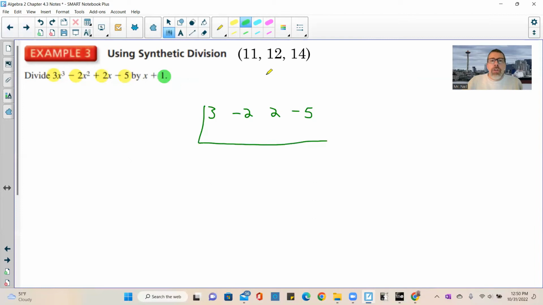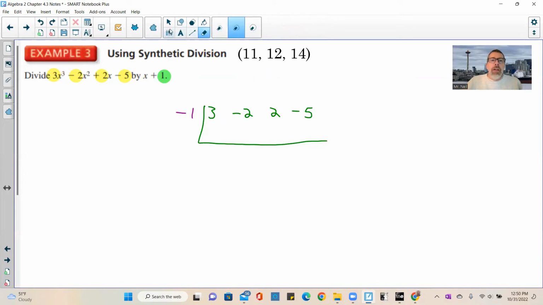So if I wrote x minus k, and that is equal to x plus 1, then k is -1, because x minus a -1 is x plus 1. So I want a -1 out here. Okay, it's always the opposite of the sign of the x plus 1 binomial we're dividing by.